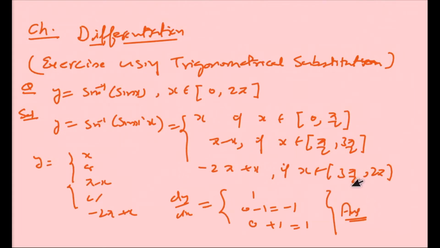Okay student, so similarly we will do one more question. y equal to cos inverse cos x, find dy by dx, and it is given that x belongs to the closed interval 0 to 2 pi. And now again this can be explained the same way as the previous question.